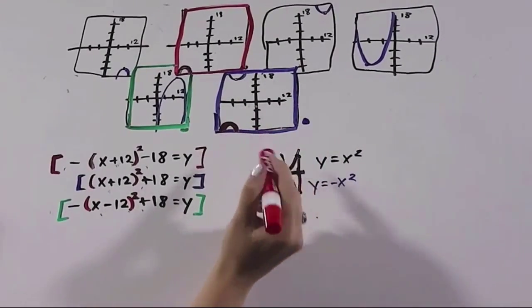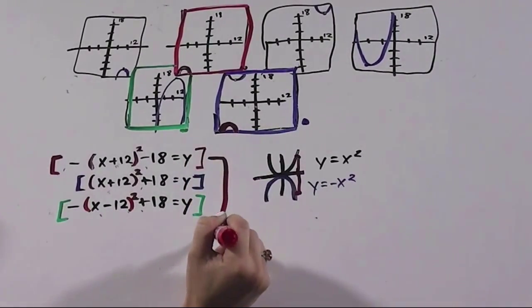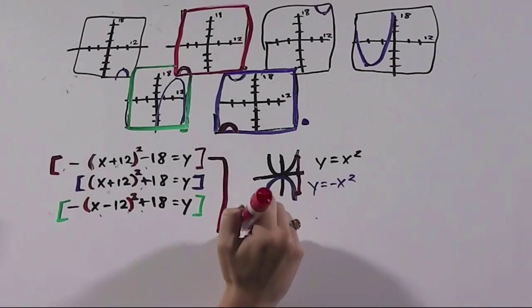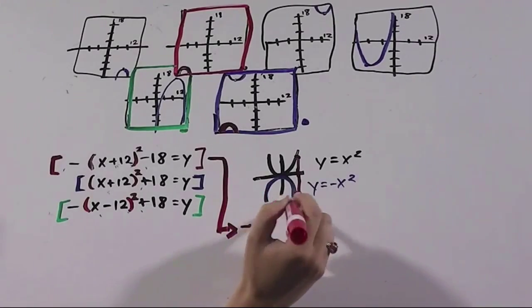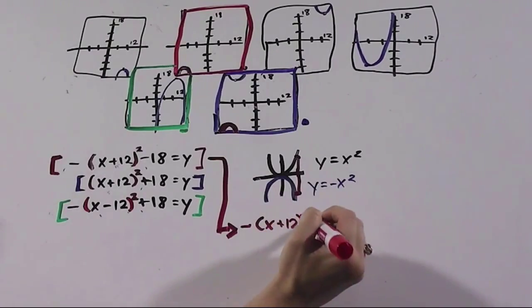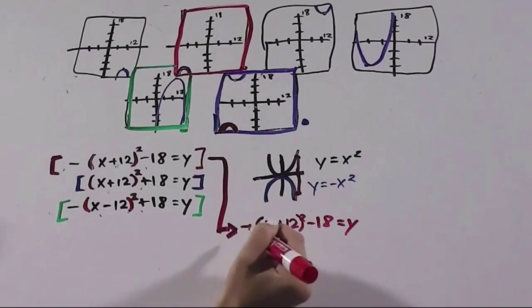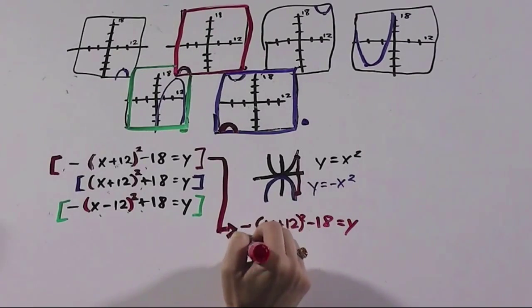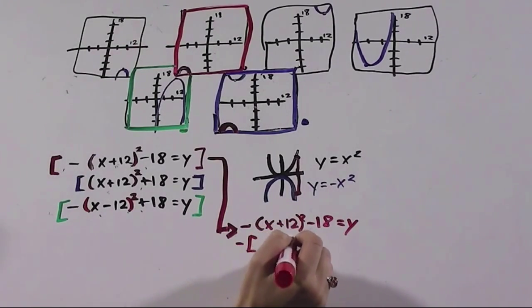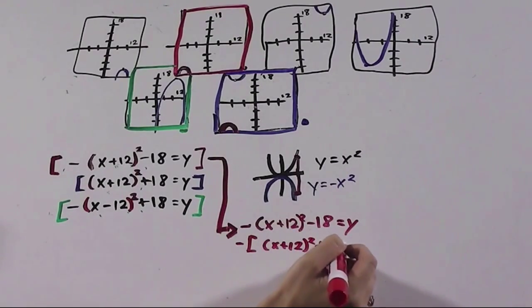And there's also a way to confirm that in the function itself, in the written version. If we wrote this out, it's negative (x plus 12) squared minus 18 equals y. But notice that you can factor out this negative, and you end up with negative (x plus 12) squared plus 18.